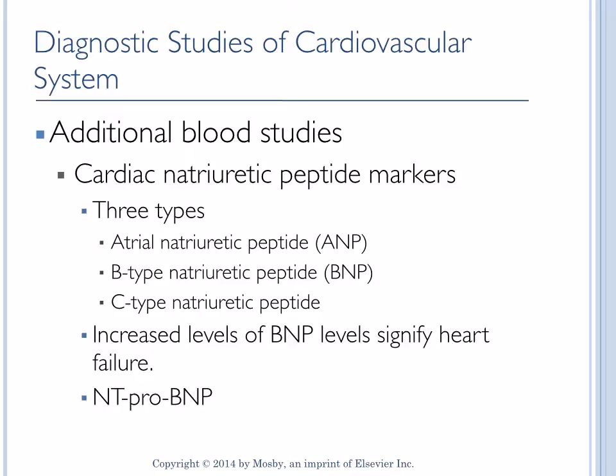They have also mentioned here NT-proBNP. You need not remember that. It is also a peptide which is secreted into the ventricles and is more sensitive, but it's not as specific as BNP for being a cardiac marker.